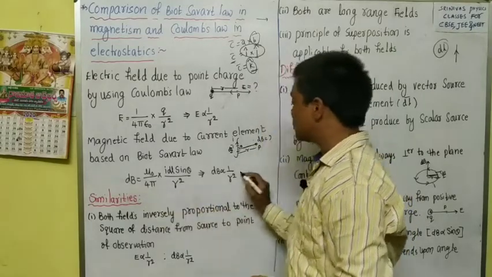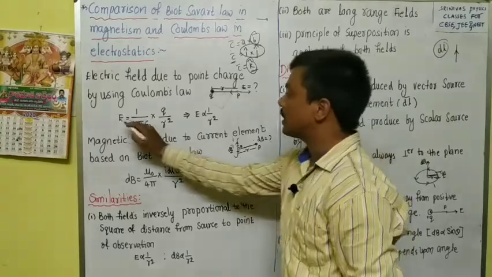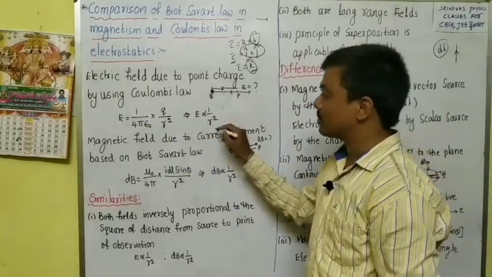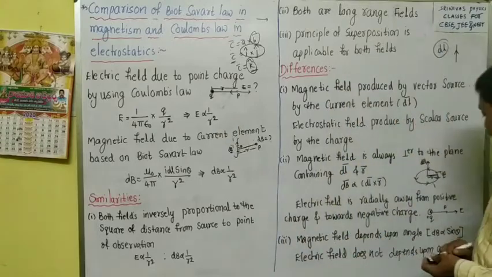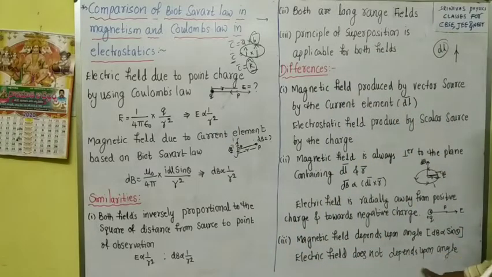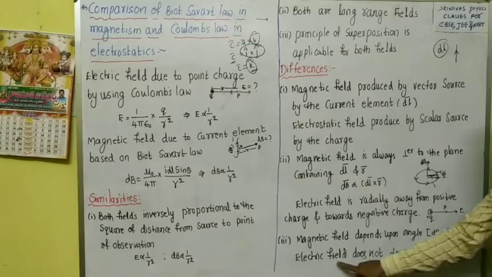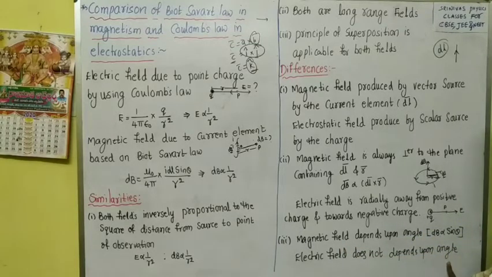Magnetic induction depends upon theta also, but the electric field does not depend upon theta, right? The theta term is not there in its formula. So the magnetic field depends upon the angle, but the electric field does not depend upon the angle.